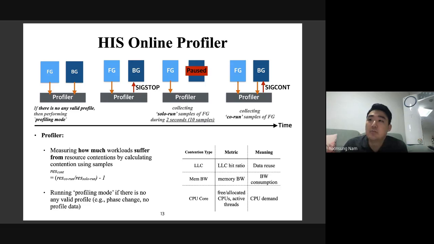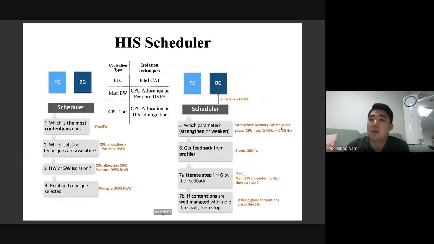After collecting samples, it resumes the background one and starts to collect co-run samples. In this way, we can measure resource contention for each resource type. With this profile data, the scheduler can perform isolation.